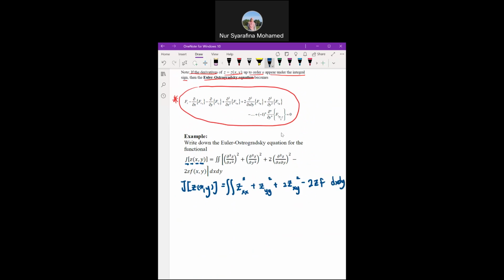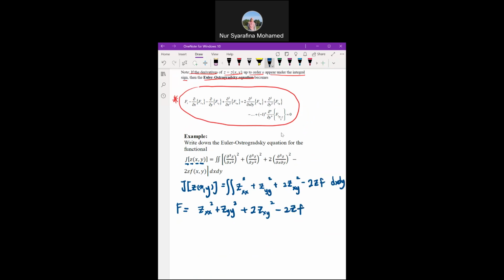So from here, in order to use Euler, we always come to f, where our f here is given by z double x squared plus z double y squared plus 2zxy squared minus 2zf.